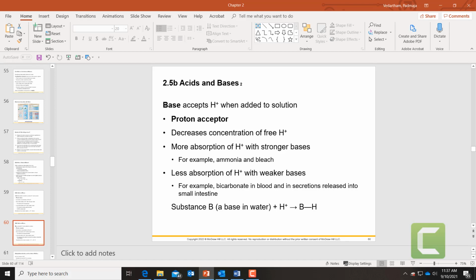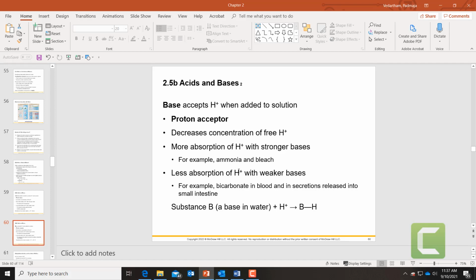And then on the other spectrum, you have substances called bases, which can accept hydrogen ions because they dissociate to produce hydroxyl ions. If they absorb more hydrogen ions, those are stronger bases, like ammonia or bleach.